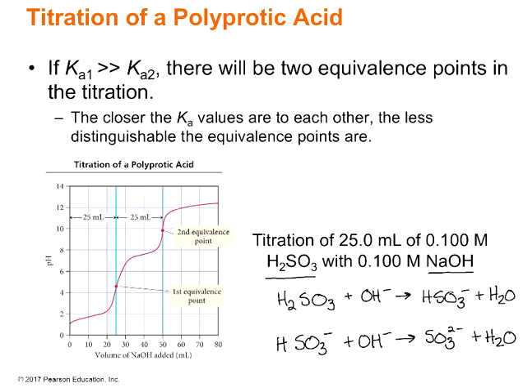So we'll have two equivalence points, one where the hydroxide ions are completely reacting with H2SO3, and then the second one where the hydroxide ions are completely reacting with hydrogen sulfite.